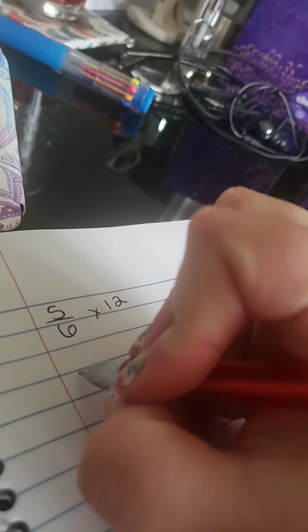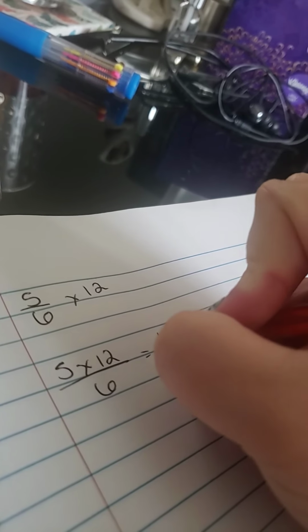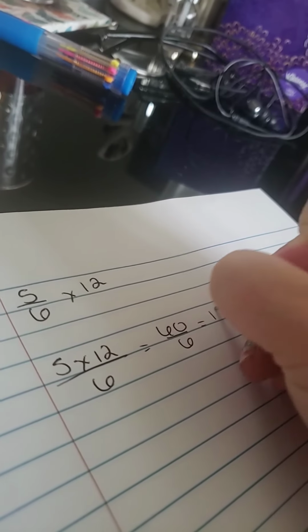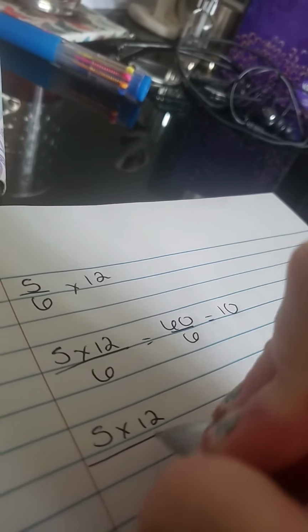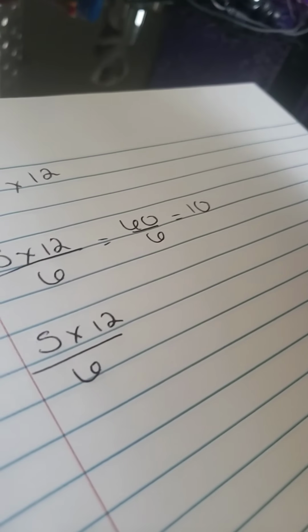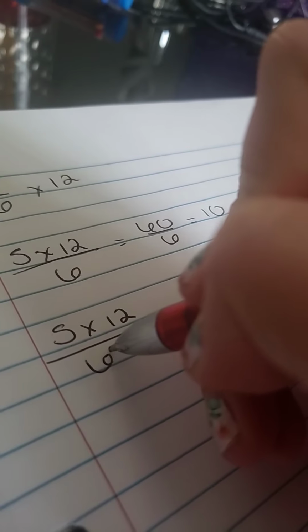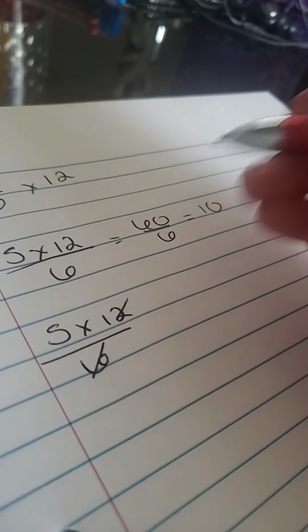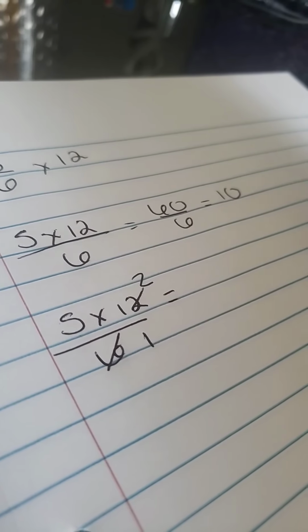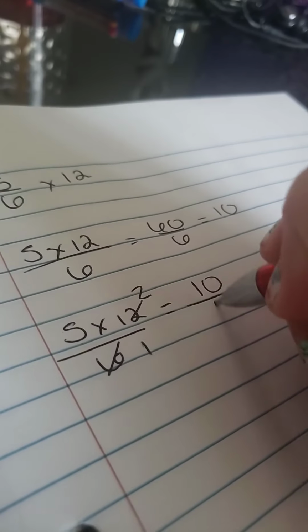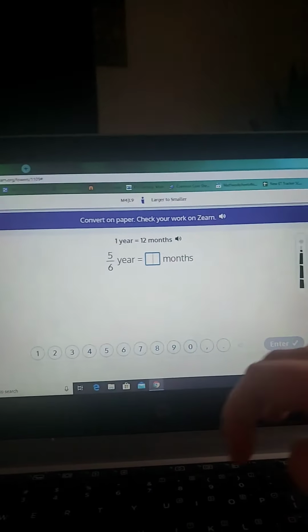So you could do it this way: 5 times 12 over 6, that equals 60 over 6, which equals 10. Or you can do it 5 times 12 over 6, and you can ask yourself, what can 6 go into, 5 or 12? Well, 6 can go into 12, so cross off these two. 6 into 6 once, 6 into 12 twice. Then you have an easier problem. 5 times 2 is 10 over 1, which also equals 10. Either way it works.